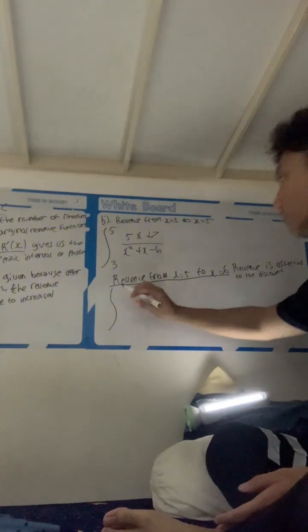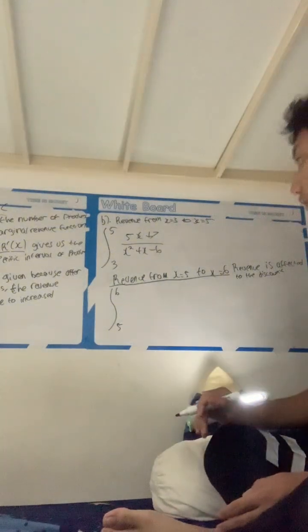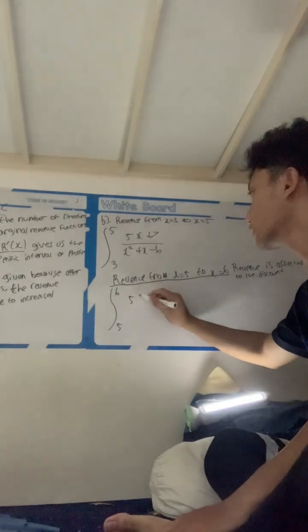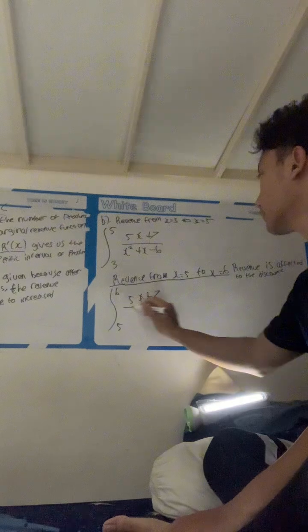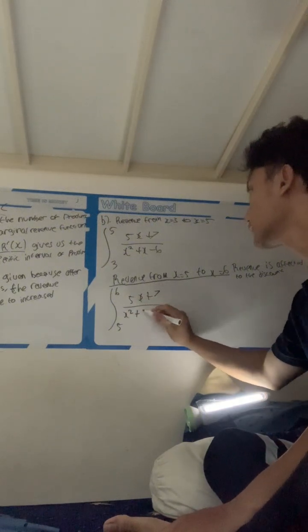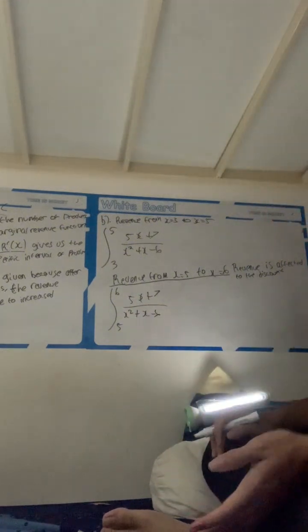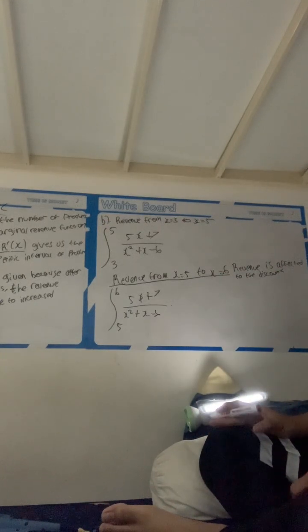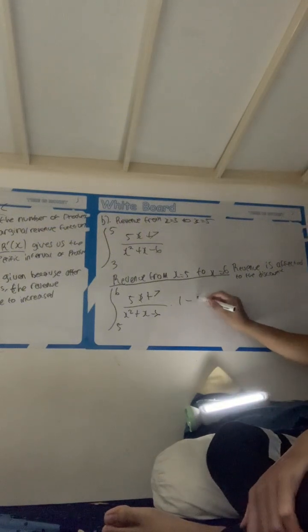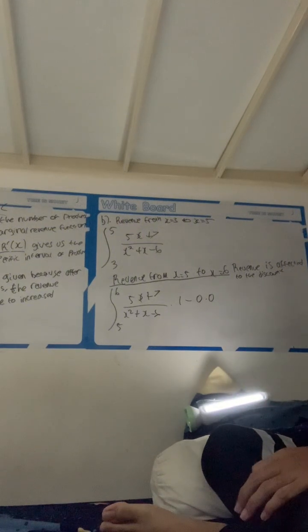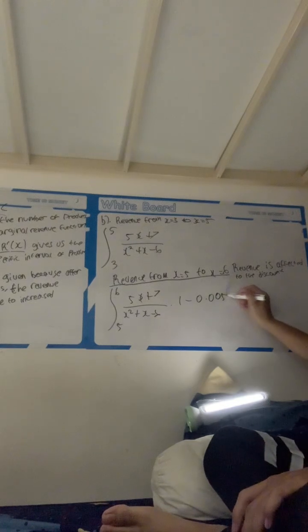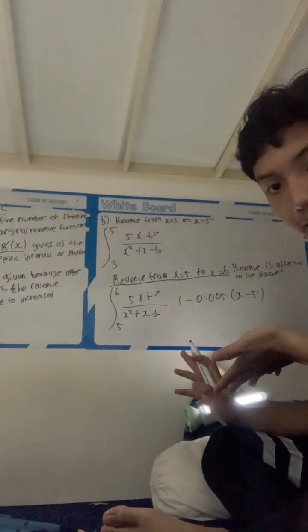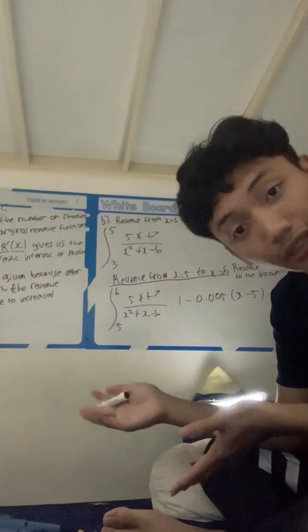It's simple. We write down the limits here, so it will be a definite integral. We write down the function here, (5x plus 7) over (x to the power of 2 plus x minus 6). The next step is we just multiply it by the discount. The discount function is 1 minus 0.0005 times (x minus 5). So this is the integral for the B question.